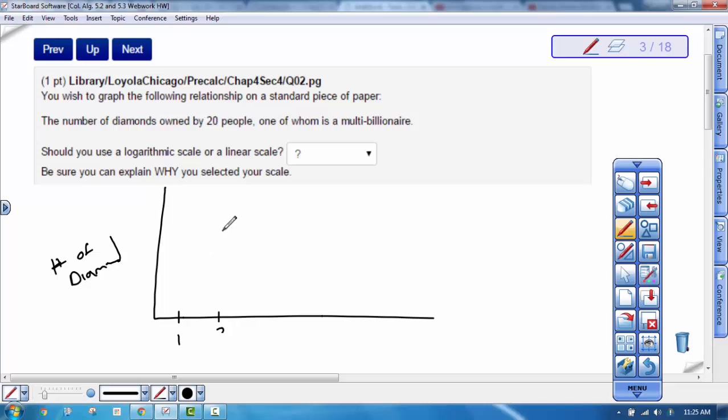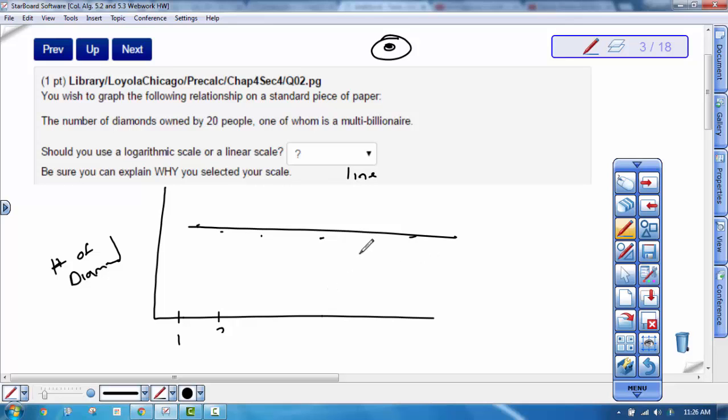So these people own about the same number of diamonds for the most part, except that the billionaire probably owns more diamonds. That number's way up there. So wherever we graph that point, it's going to be an outlier. And we can represent that different ways. But I would say linear for this because most people probably own about the same number of diamonds.